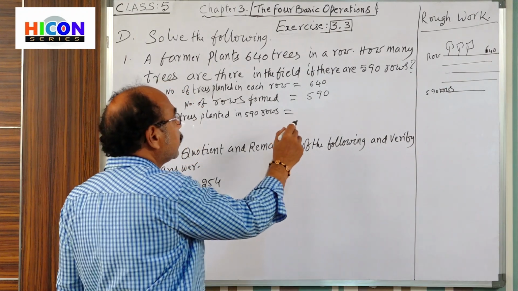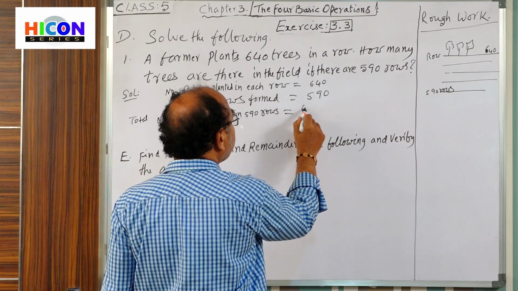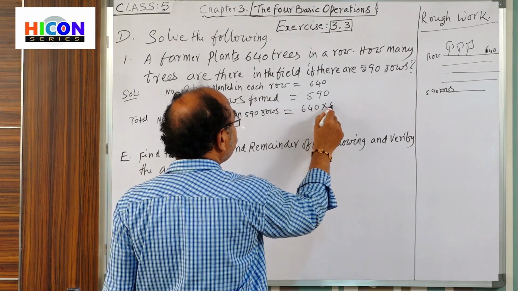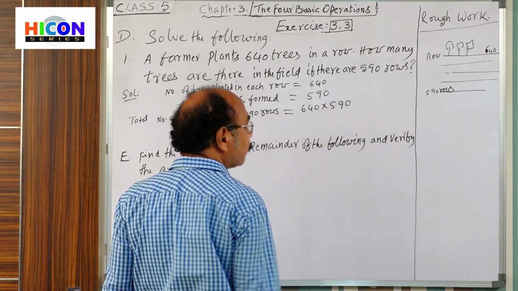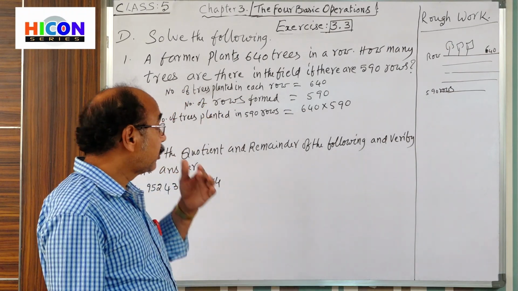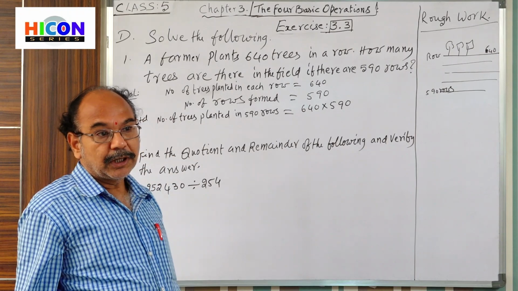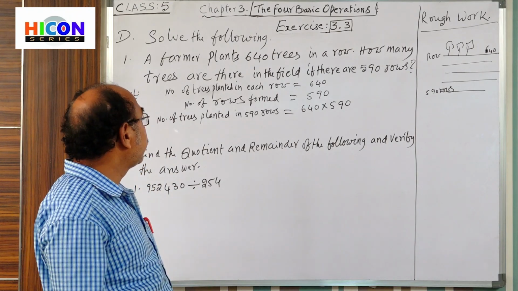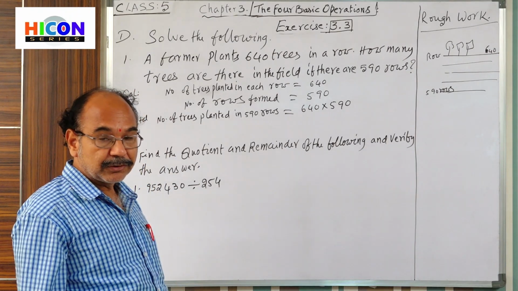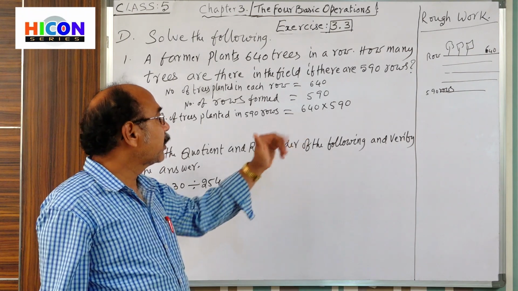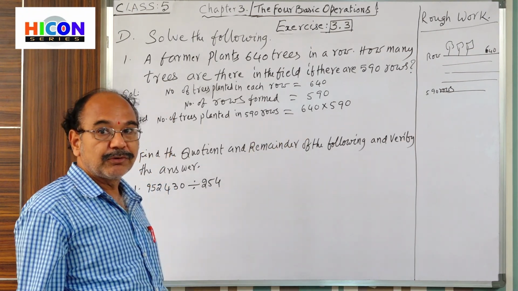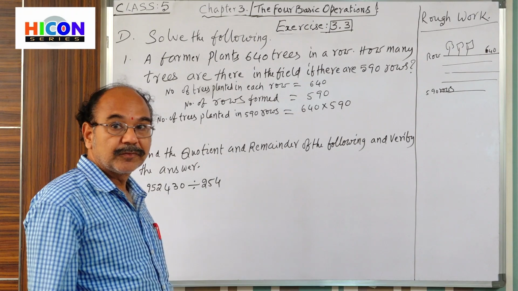That means multiply 640 into 590. If you multiply, then we can get the total number of trees planted in 590 rows. You know multiplication. 640 into 590.